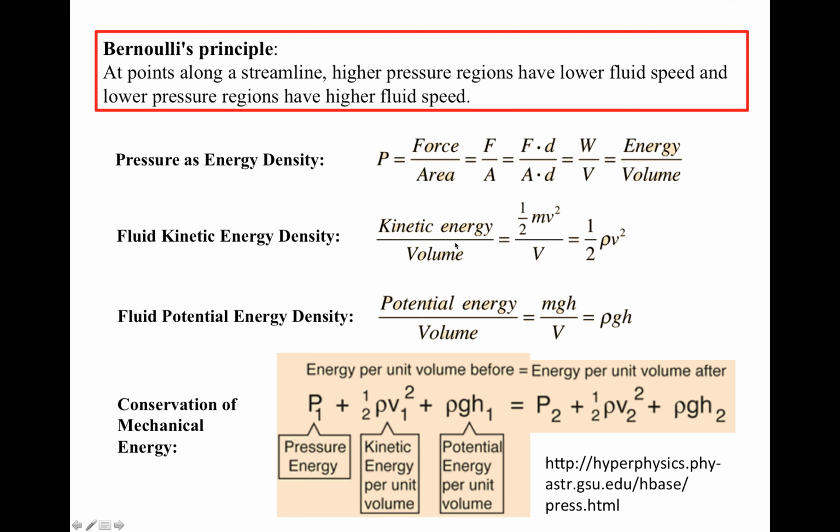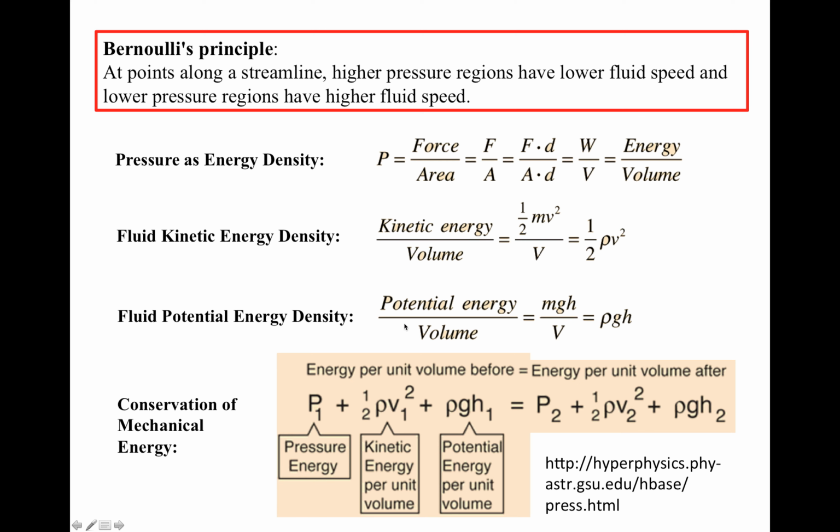And then we can also consider a fluid potential energy density, which is basically the potential energy divided by volume. Suppose the fluid is flowing in the gravitational field of the Earth. Then the potential energy is mass times the gravitational constant times the height of the fluid particle.